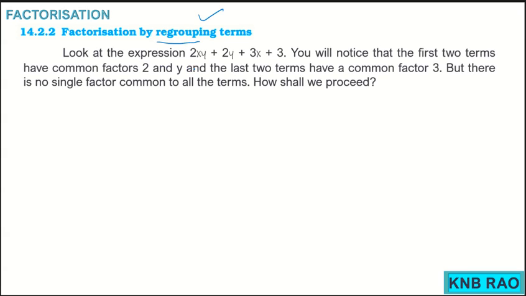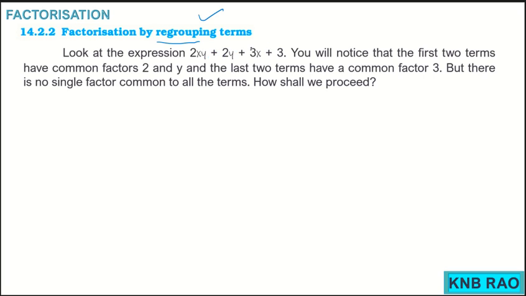Look at the expression 2xy plus 2y plus 3x plus 3. Now tell me, how many terms are there in this? There are 4 terms. Now in these 4 terms, if you go for finding a common factor of all 4 terms, you will find only 1 as a common factor.